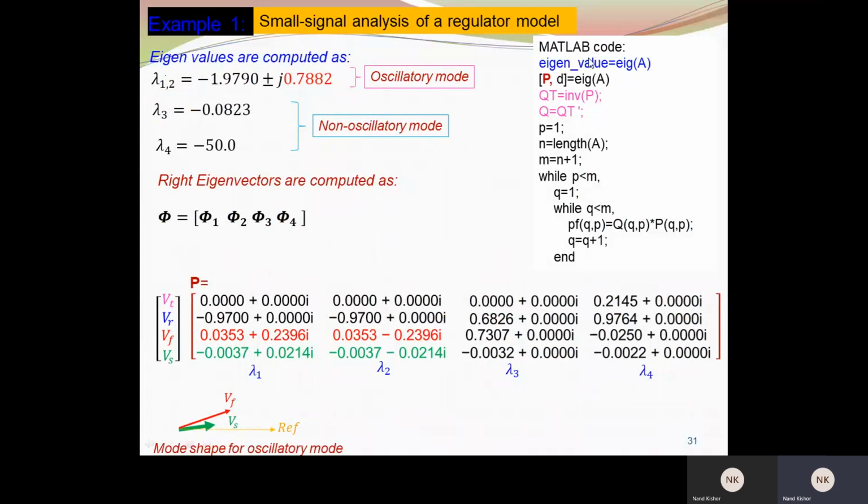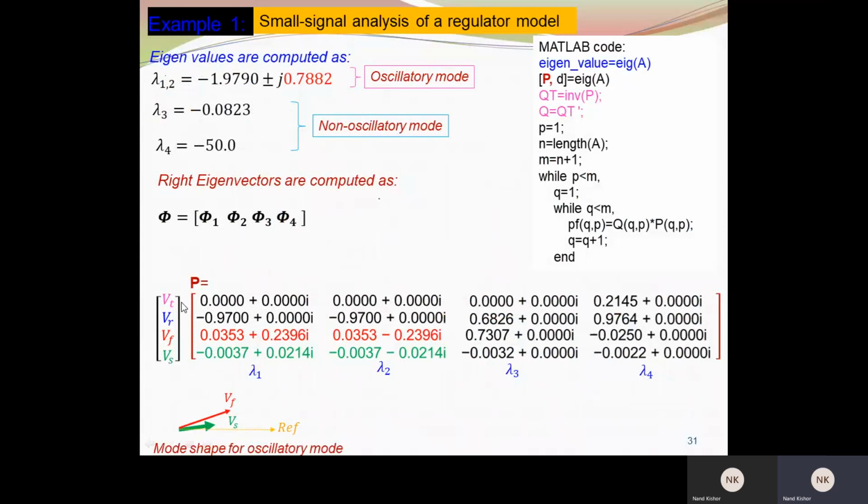Now, with respect to the MATLAB code, we have the use of the left argument here for the EIG inbuilt function. And we are actually interested to determine the right eigenvector here, and thus we have the P matrix, which is obtained as this one.